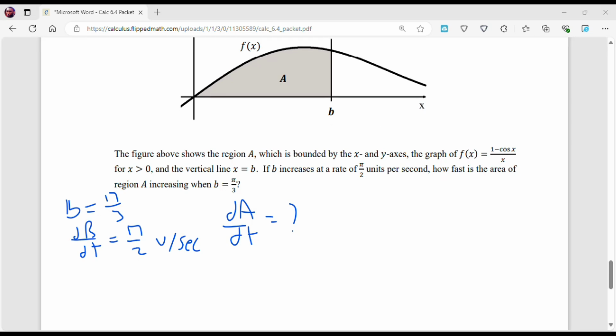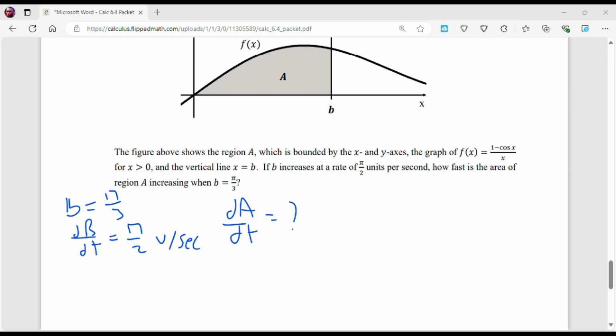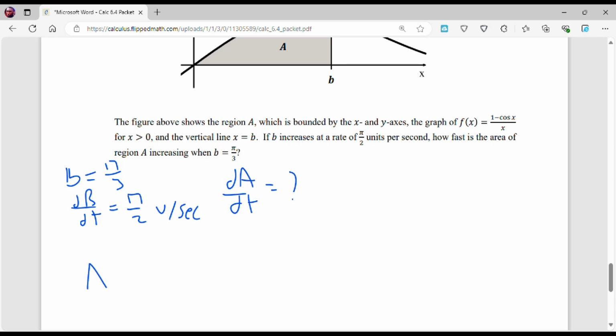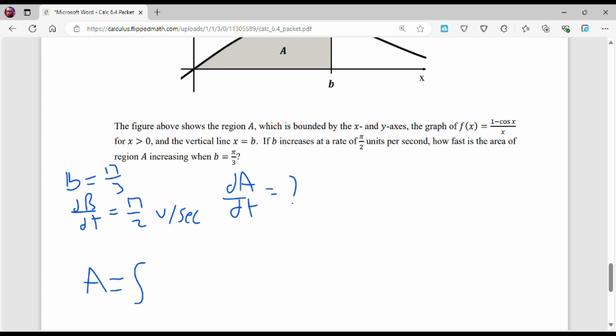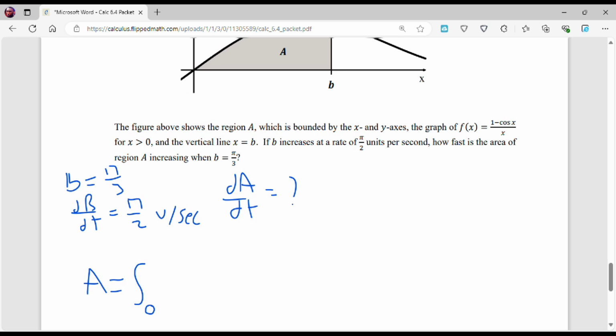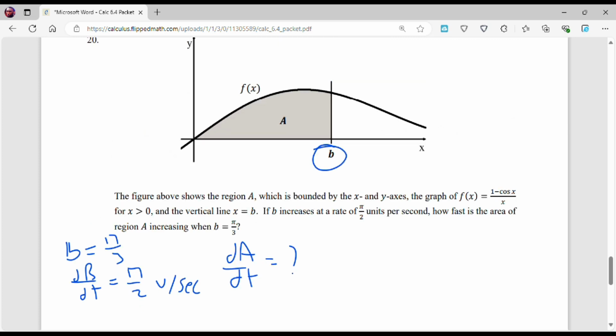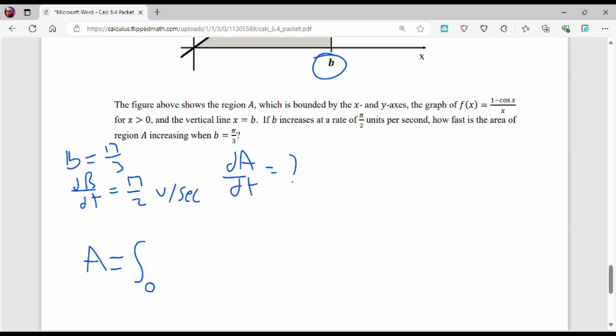Okay, if you remember, an integral is the area under the curve. So the area under the curve A is going to be the integral from 0 to this point right here. It's from 0 to b.